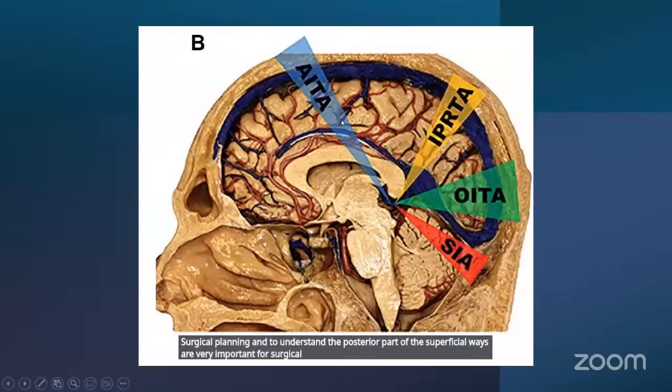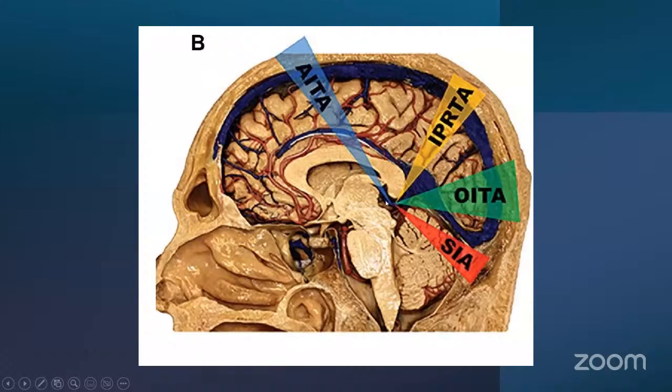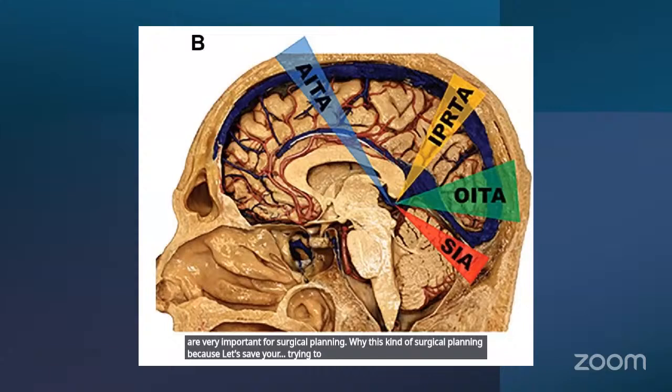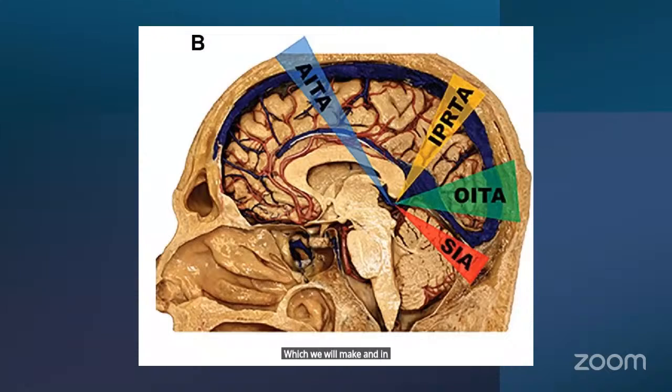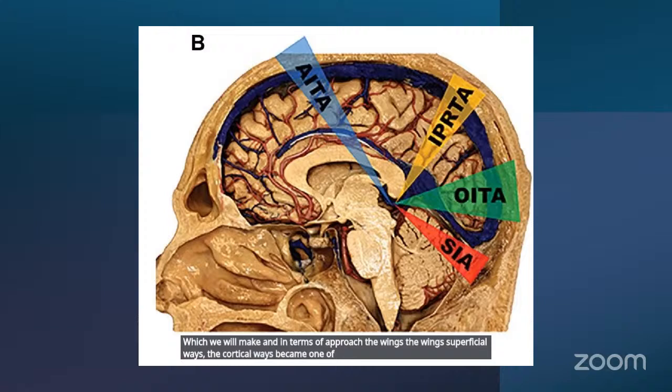Why this kind of surgical planning? Because let's say we are trying to perform a surgical approach to the pineal region, to the falcotentorial junction, which we will do with an interhemispheric approach. The superficial cortical veins become some of the most important veins, because as I will show in the next slides, there is the vein of Galen and the straight sinus.